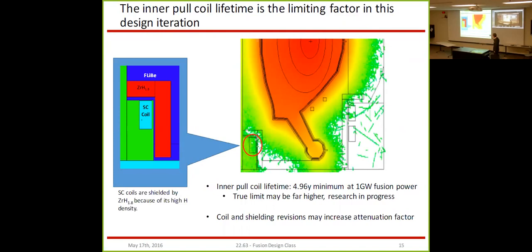In the future, we can change the thickness of the shielding, perhaps change the geometry or the exact position of the coil, and give us a slightly better result, hopefully. Now, this 5-year lifetime, as I said, comes from a very conservative estimate. And I believe someone in this room is actually going to be doing research on that topic. And it's possible that that 3 times 10 to the 18 is nowhere near the actual limit of these coils.